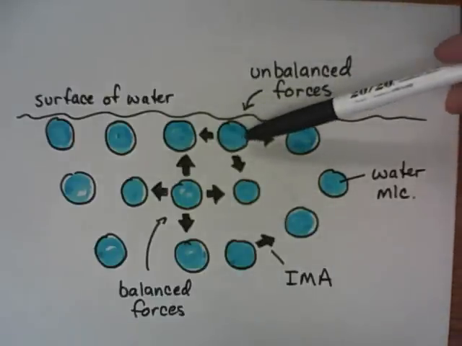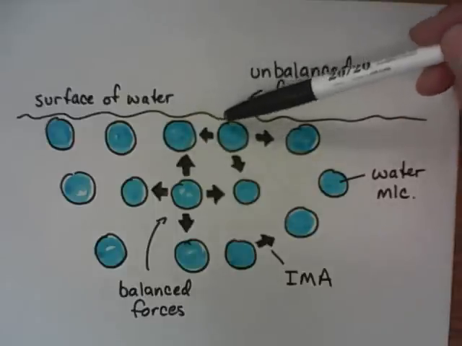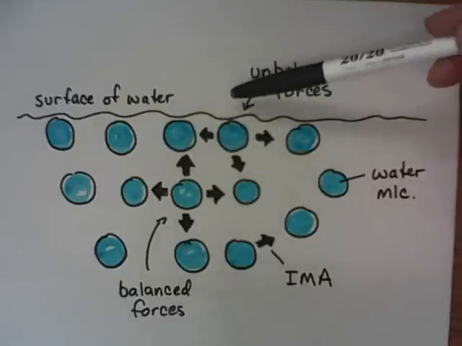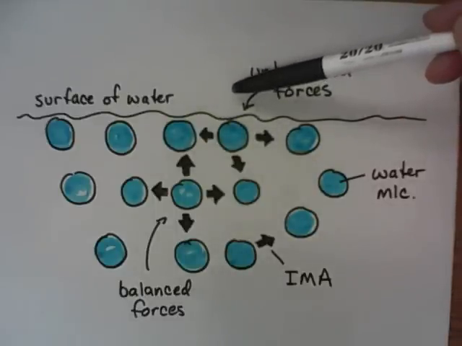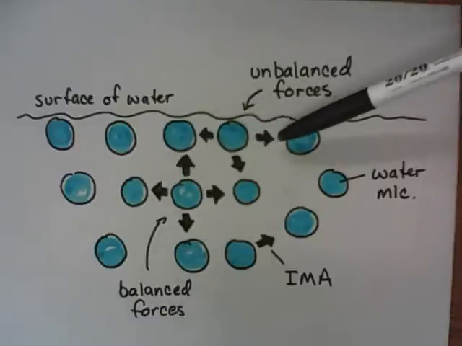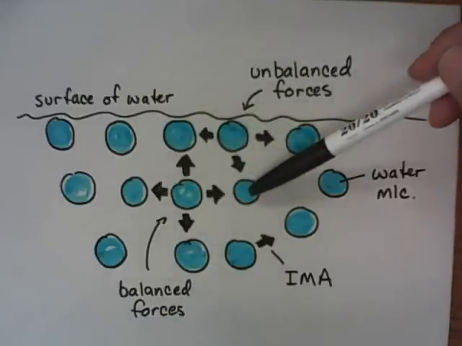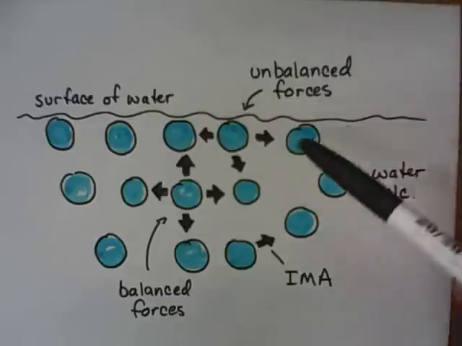Now, let's take a look at this water molecule. This water molecule is different. He's on the surface, so there are no water molecules above him that he can be attracted to. He's attracted to his neighbor on the left. He's attracted to his neighbor on the right. He's attracted to his neighbor below, but nothing above.